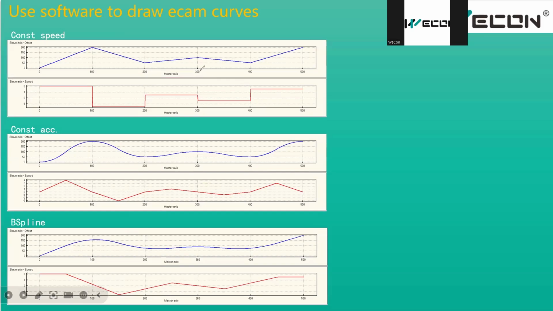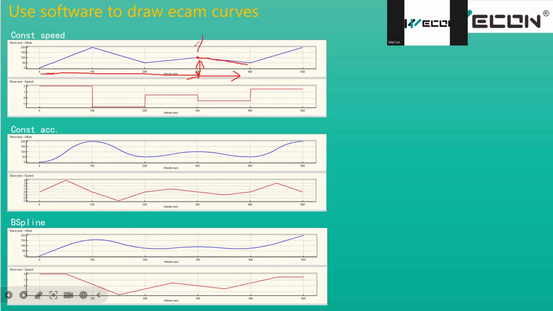For example, we change the specific position to 300, this point. The master goes from 0 to 300, and in this part the slave will keep in 0 position. After the master achieves 300 and goes forward, our slave will go in the reverse direction, because from this point, as the master goes forward, the slave will reduce its position.